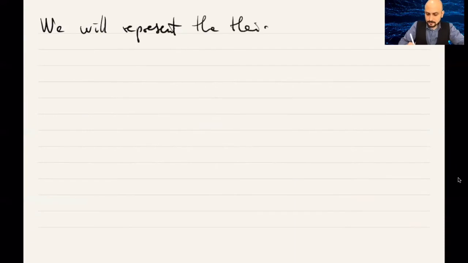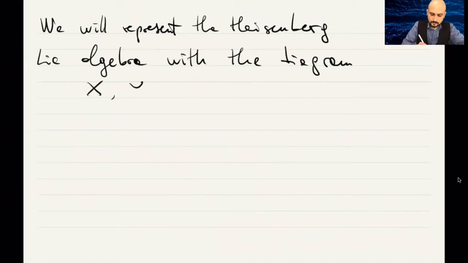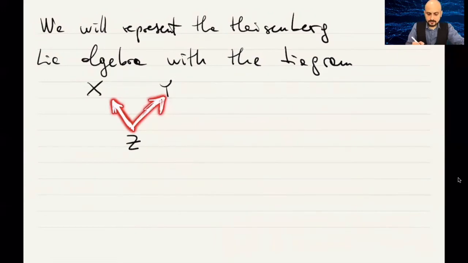We will represent the Heisenberg algebra with the diagram X, Y, Z. This symbol, this line, means that if you bracket the vector on the left arm of this V shape with the vector on the right arm of this V shape, it gives you the vector Z.